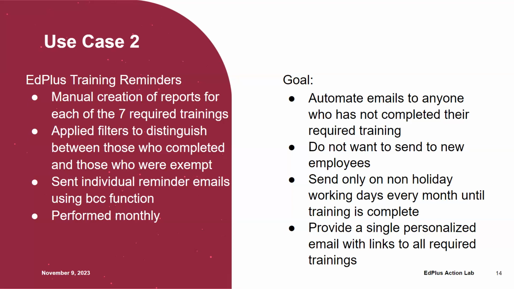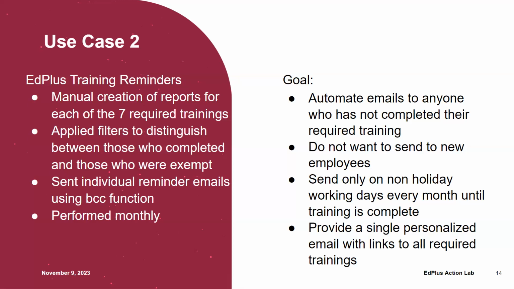So here's the use case. There's a manual creation of reports for 7 trainings. She was applying filters, sending individual reminders, and this was performed monthly. So the goal was to automate emails to anyone who has not completed their required training. We did not want to send to new employees. Send only on non-holiday working days every month until their training is complete.